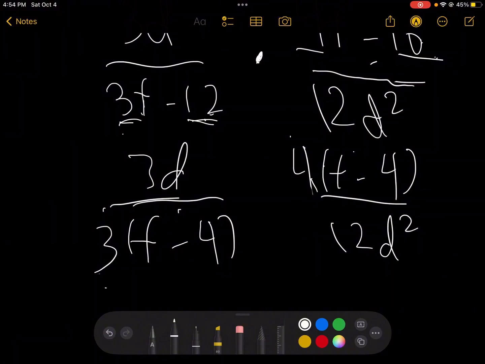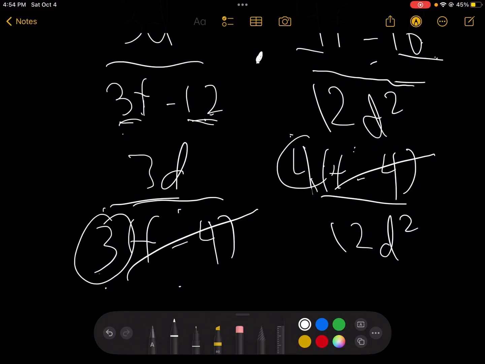So these are factors this time, but these two are terms in a polynomial. So now we can cancel these two. Now what would be left is 4 and 3. You can't cancel them because they don't have a GCF.